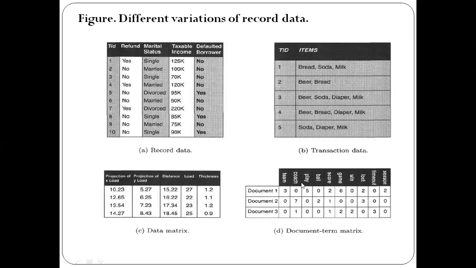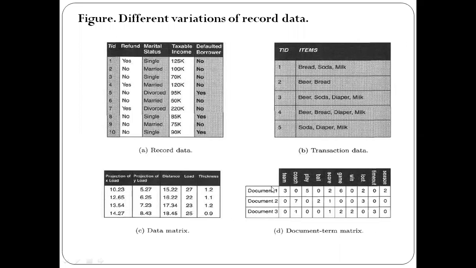Each term is nothing but a word. So the first one is team, then we have coach, and then play, ball, score. All these are the terms which appear in the documents.